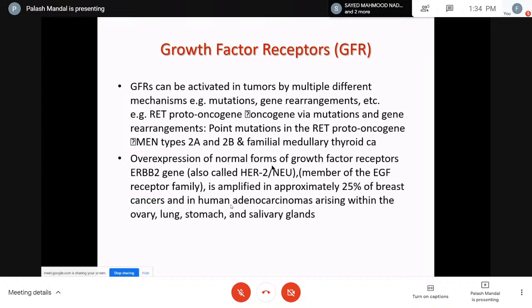It blocks HER2 and reduces the severity of the breast cancer, because HER2 amplification gives a poor prognosis.